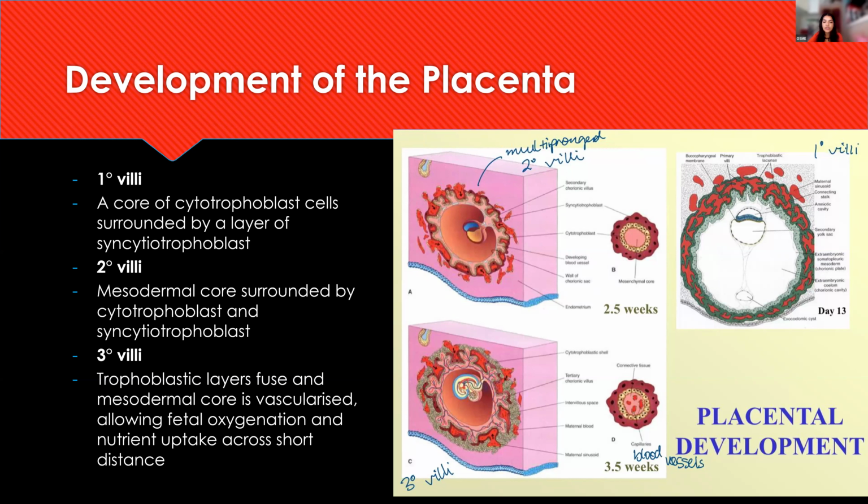This is usually on day 13, and the cytotrophoblasts invade the lacuna. Secondary villi, roughly 2.5 weeks. And you can see here the mesenchymal core. What separates that and the tertiary villi is that the tertiary villi actually has capillaries and connective tissue, and allows blood to pass through.